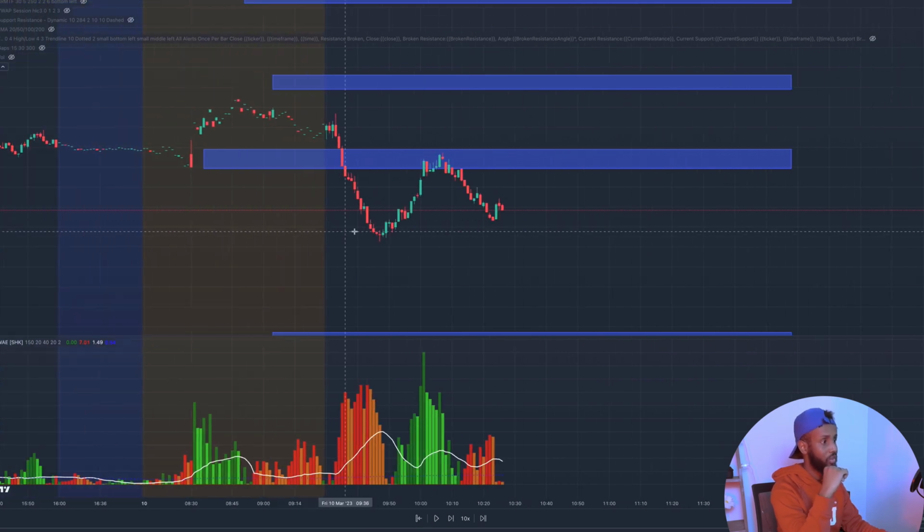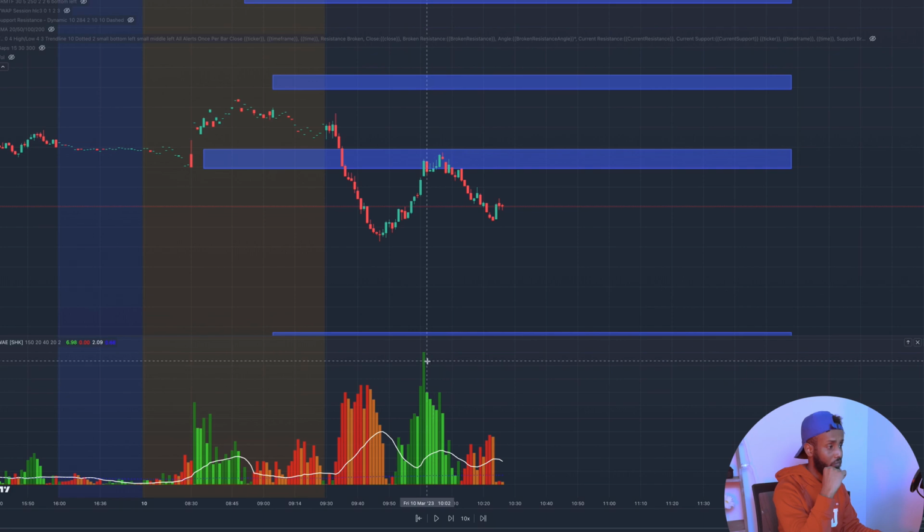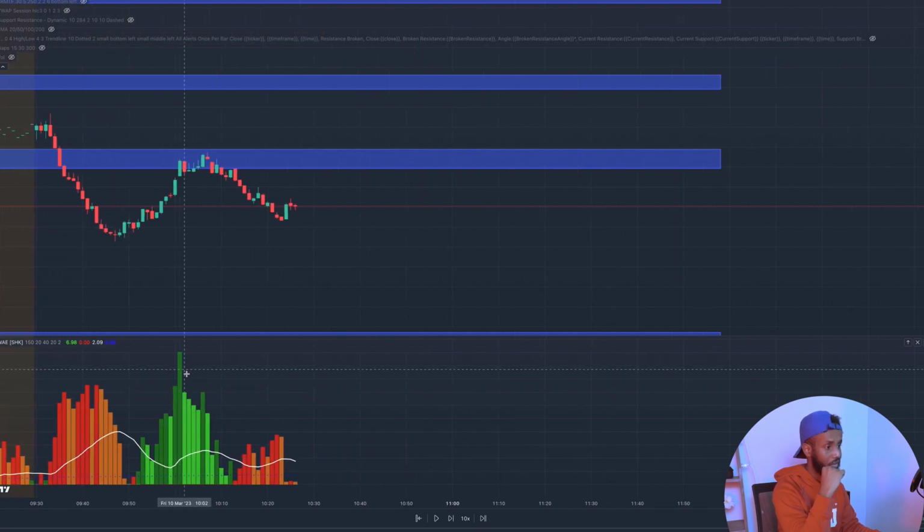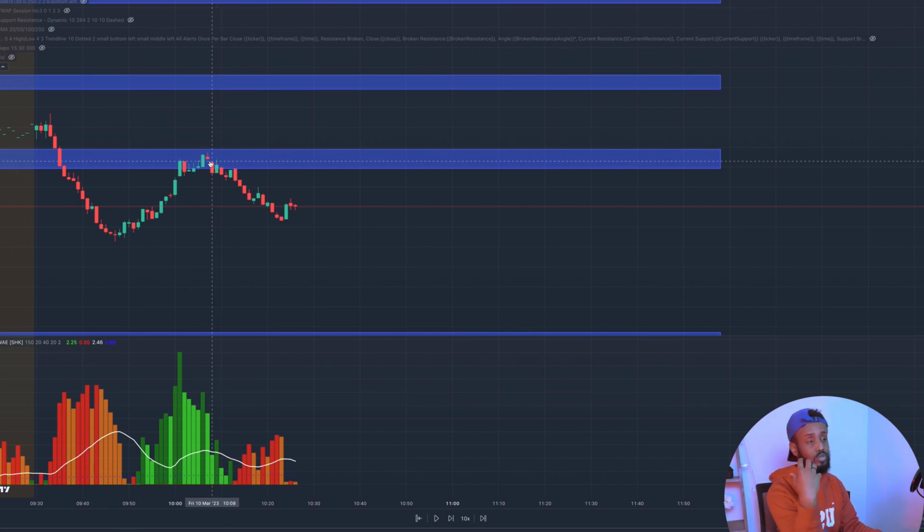Okay, so as you can see, the stock came up and came into this zone, and we can see that volume from these green candles is decreasing. So buying pressure has decreased once we reached this level, and selling began again.